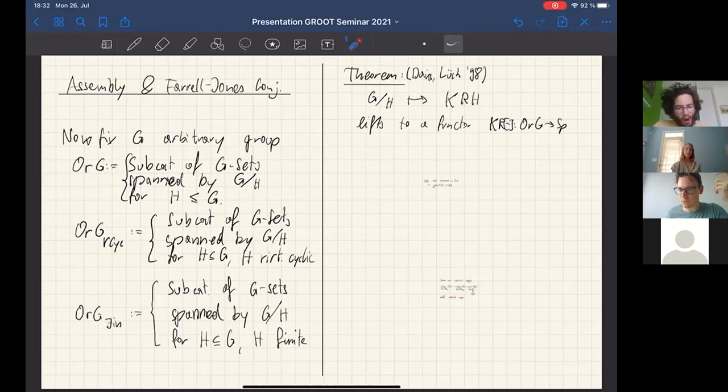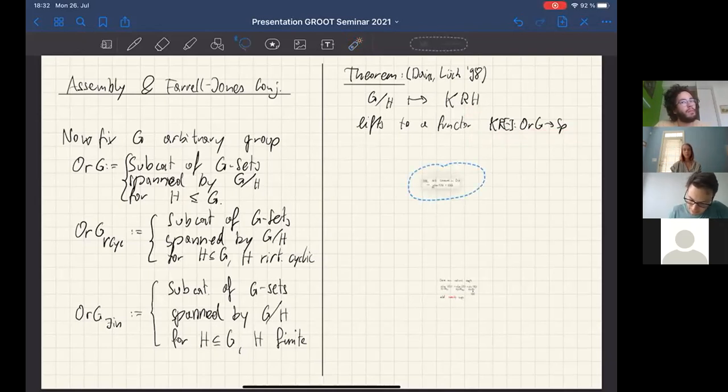So you have to do some work here, because K-theory is only a functor in ring homomorphisms, but then conjugation and induction give you more G-maps than you could just get by ring homomorphisms. Anyhow, so we have this nice functor K of R.